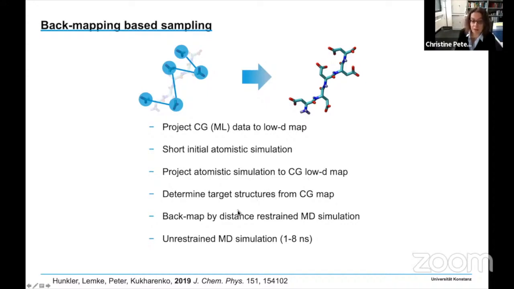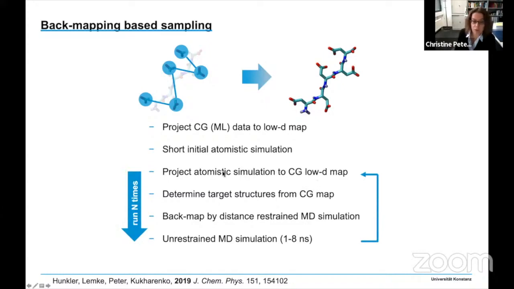And now we backmap the atomistic system to those target structures, in this case by distance-restrained molecular dynamics simulations. Once our atomistic structure that corresponds to a coarse-grained data point has been obtained, we run unrestrained MD simulations of various lengths, 1 to 8 nanoseconds. And this we can do iteratively n times.